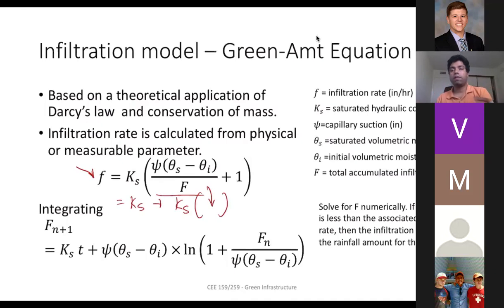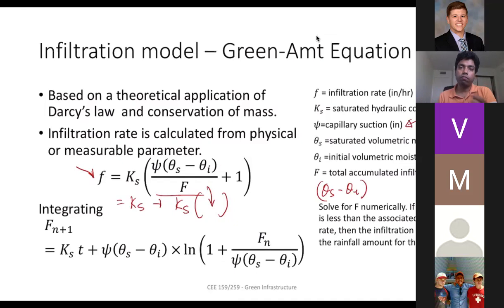Which is what I explained before. You know that the infiltration is a function of the difference in moisture content before and after the rainfall, when it was dry versus what's the maximum capacity. So this is theta s minus theta i, the moisture content difference between saturation and the initial moisture content. Then capillary suction.